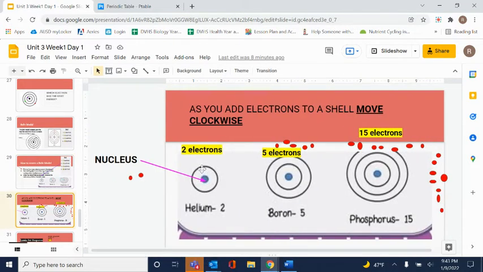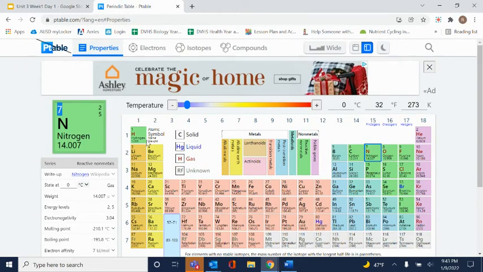Okay, so let's focus in on helium. You are going to add electrons to your shell and move clockwise. So for instance, helium, if I look at my periodic table, helium is represented by He.